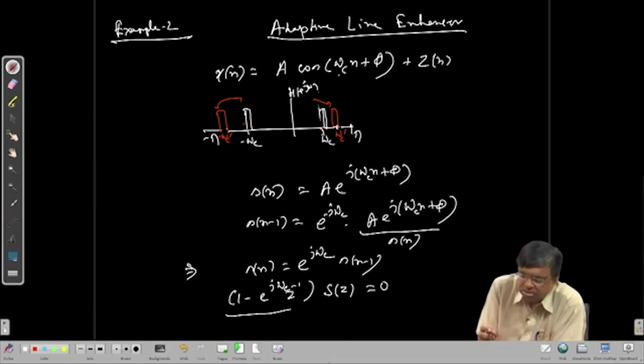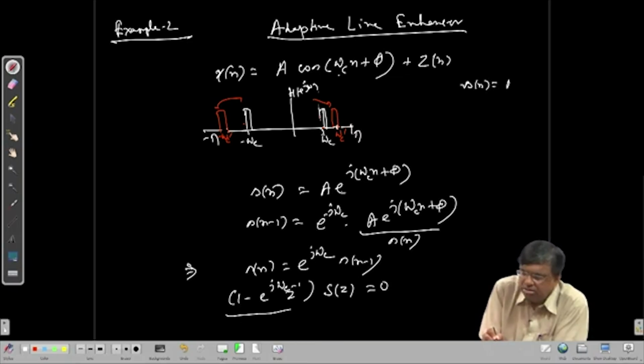Now, suppose you got not just one, you have got many. Suppose Sn has some a1 e to the power j omega c1 n plus phi 1, which I call signal S1n.